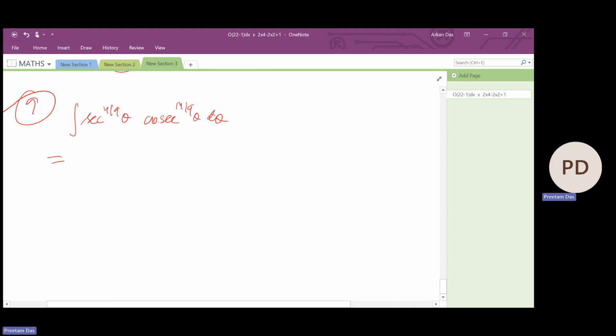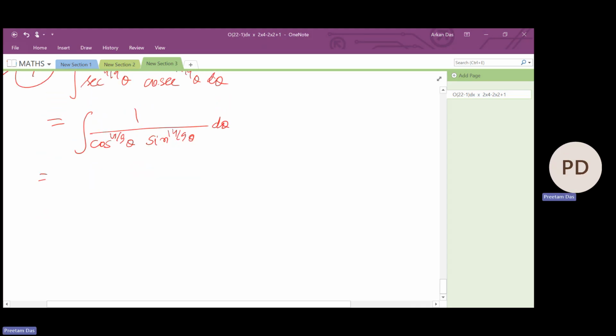So let us convert this into, at first, the easier ratios: cos 4 by 9 theta over sine 14 over 9 theta d theta.